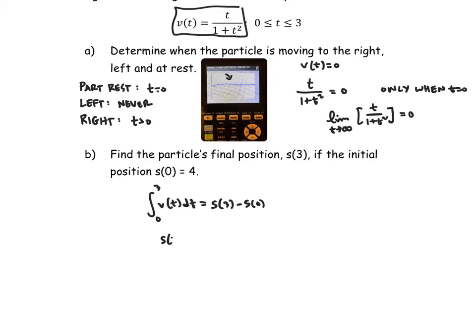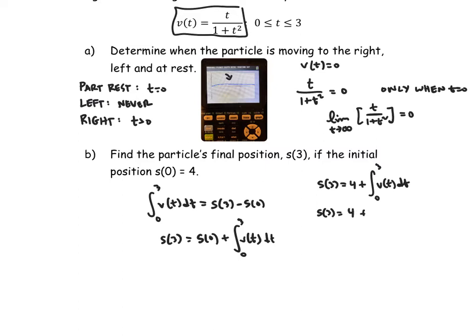So s of 3 will equal s of 0 plus that change in position. I'm going to find this s of 3 by taking s of 0, which is 4, plus the integral from 0 to 3 of v of t. I'm very tempted to use my calculator to do all the work for me, but that wouldn't be doing it any justice since I said analytically only.